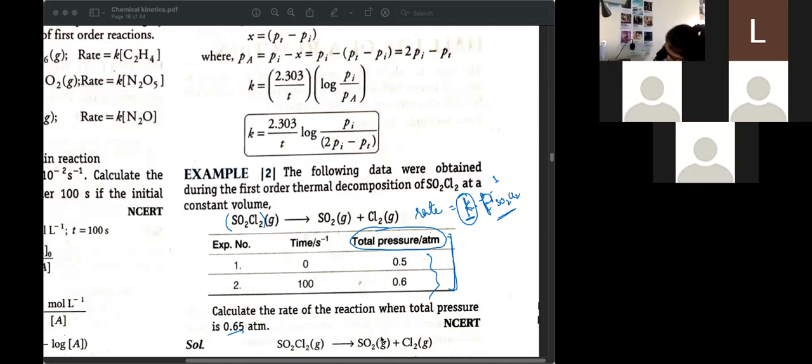Dhriti and Shantni, you guys made any progress? Like, what's happening? Figured out? I'm still solving. Just give me 2 minutes.